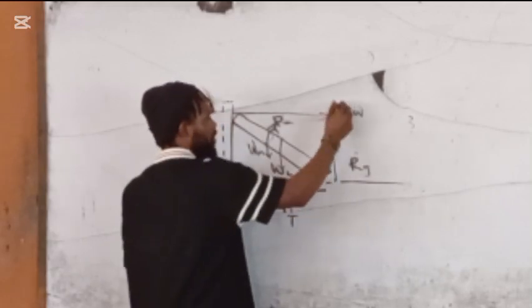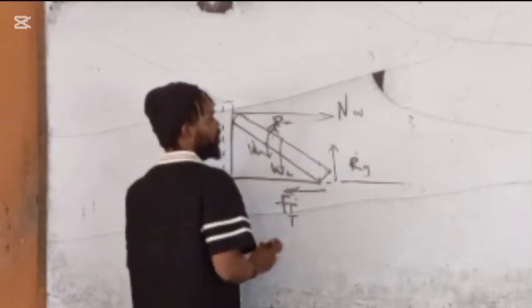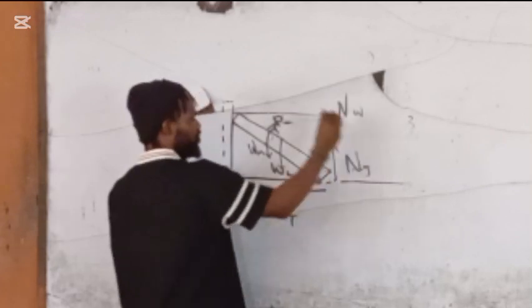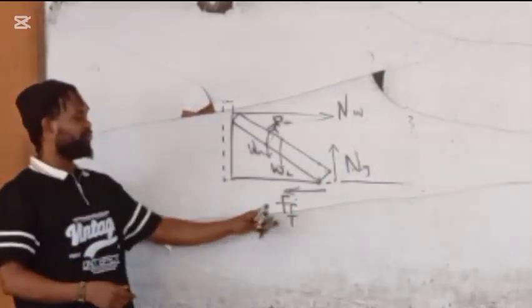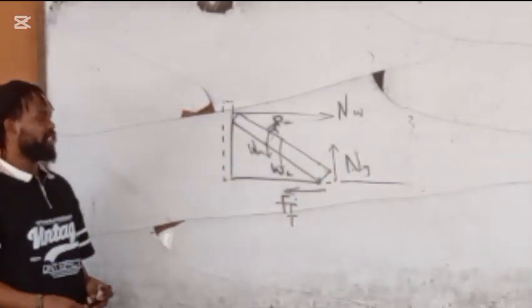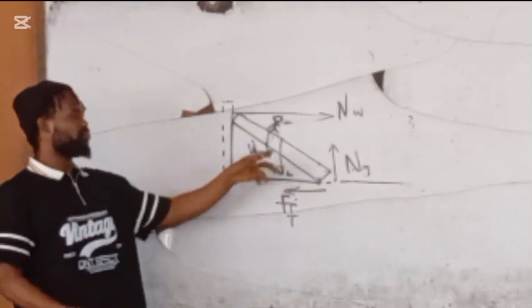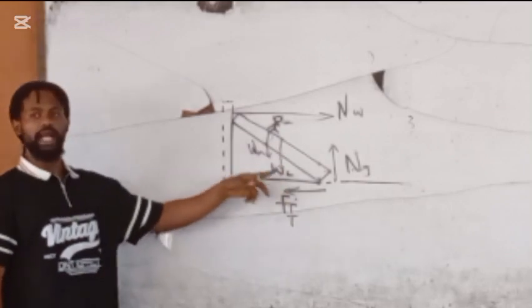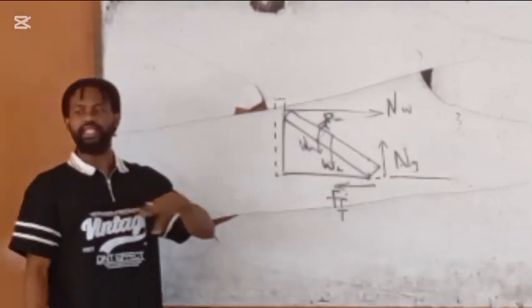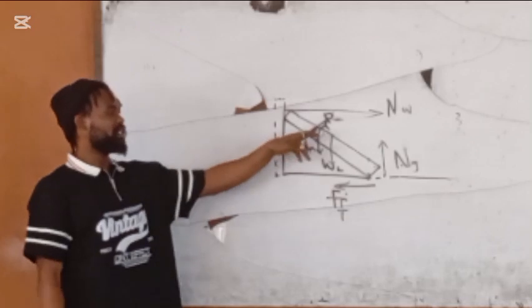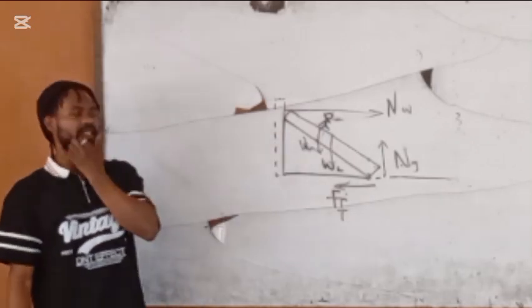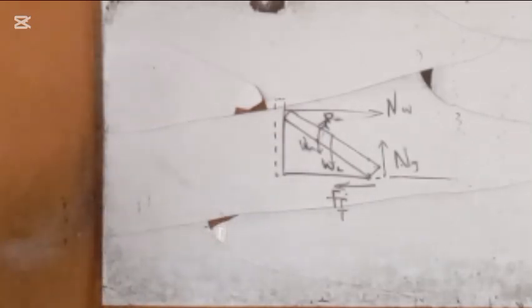We say N. So normal reaction of the wall, normal reaction of the ground. Then this one stands for friction, preventing it from sliding. This one stands for weight of the ladder, acting towards the center, downwards. This one stands for weight of the man, acting downwards. Alright.